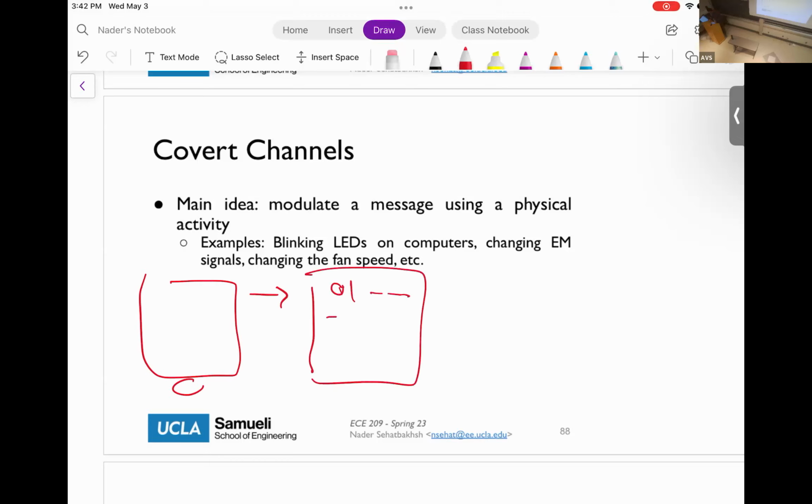And I'm going to write a program on another computer that I have, this one is my computer. For example, I'm going to blink an LED here, and I'm going to have a photo sensor that gets this data. So I can blink very fast, and then I can record the data.